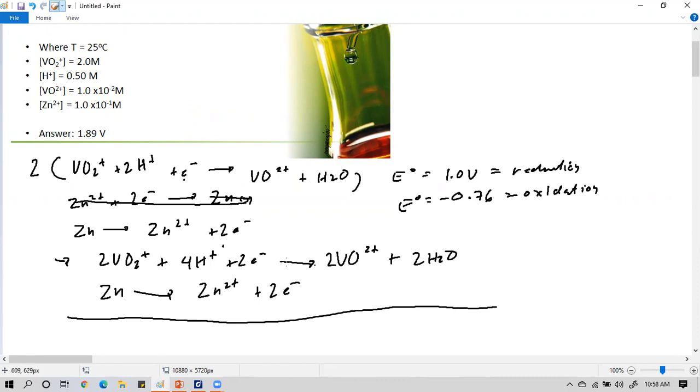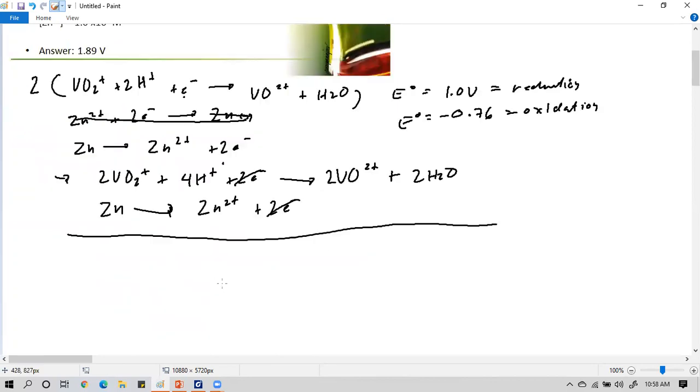So the overall reaction will be, the product and reactant cancel, yung electrons, and then water. Meron ba tayong water dito? Wala. So you'll write the reaction here.